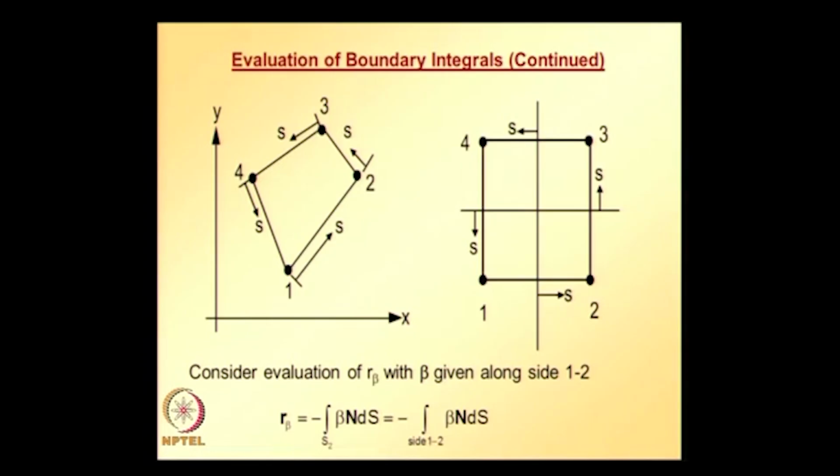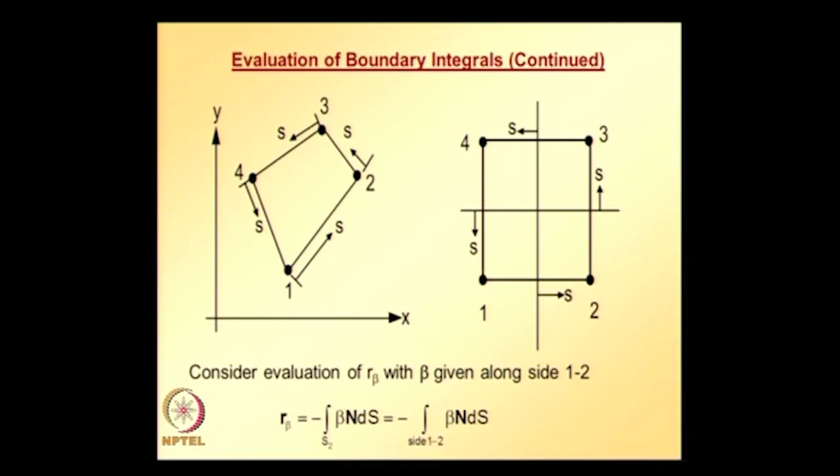To proceed further we require the relationship between a small differential element taken along each of these sides in the actual element domain and a small differential element taken along each side in the parent element domain. So, we require to find the relationship between d capital S and d small s.